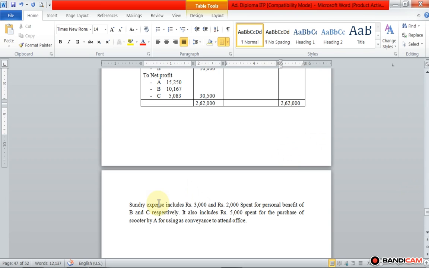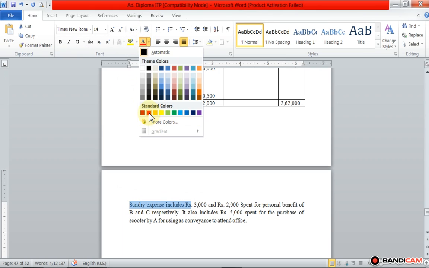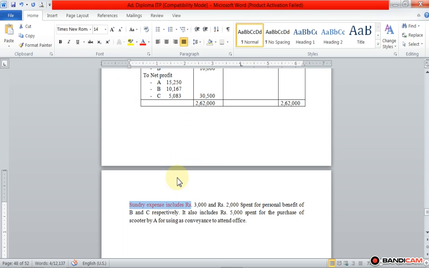Sundry expenses include rupees 3,000 and 2,000 spent for personal benefit of B and C respectively. So these are the disallowed expenses.